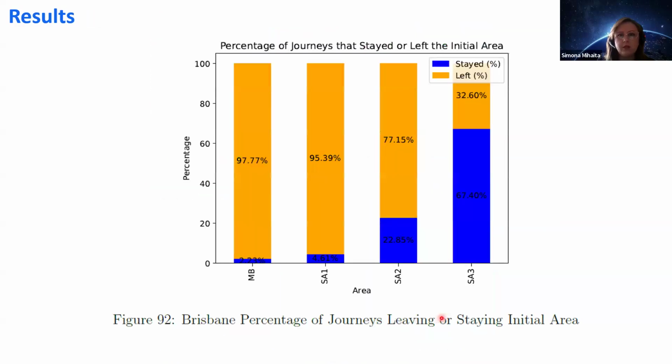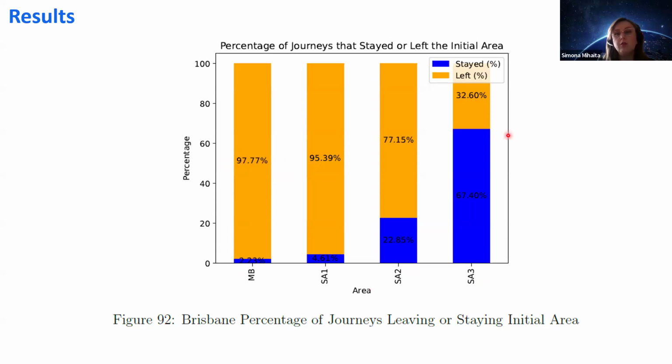If you look at the percentages of journeys that stayed or left those mesh blocks, it all depends on the slicing method that you use. We used mesh block given that it is the finest, but we also did SA1, SA2, SA3, different calculations at different higher levels. If you look just at the mesh block, at very granular detail, you realize that, of course, a lot of the journeys leave their original starting point.